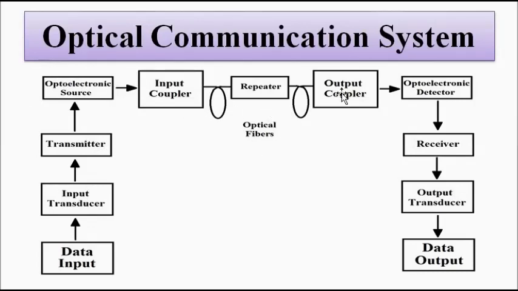The output coupler takes this signal from the optical fiber and provides it to the photodetector. In each of these input and output couplers, care is taken that there is no loss of signal. The signal losses are kept as minimal as possible.